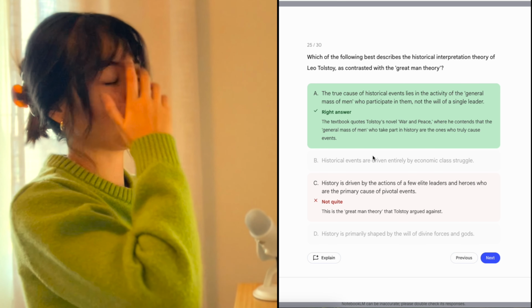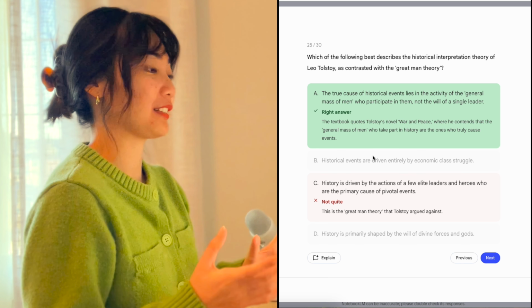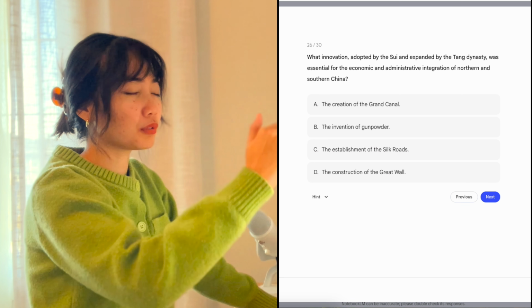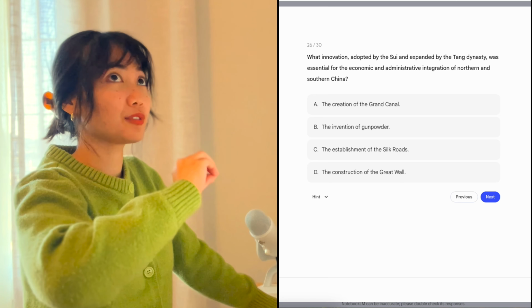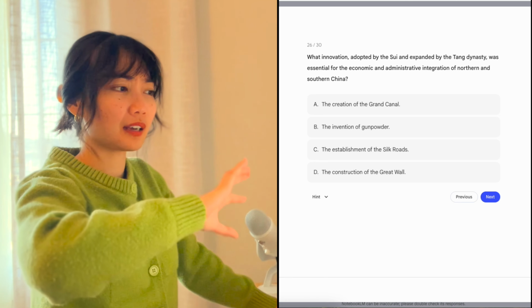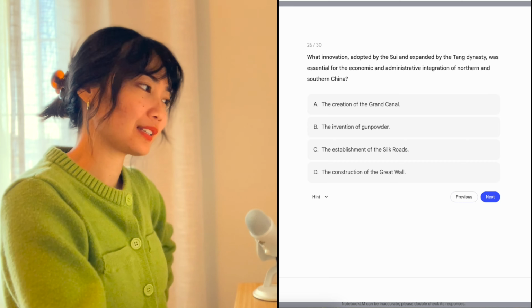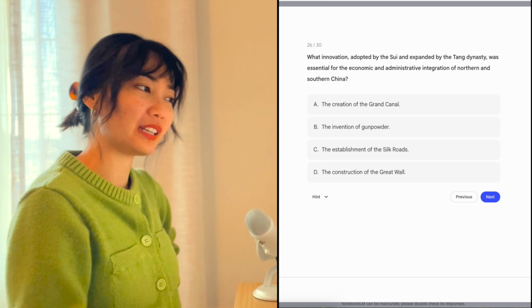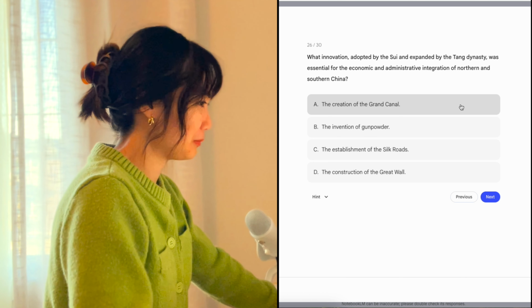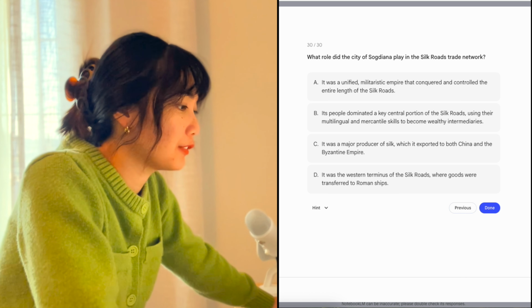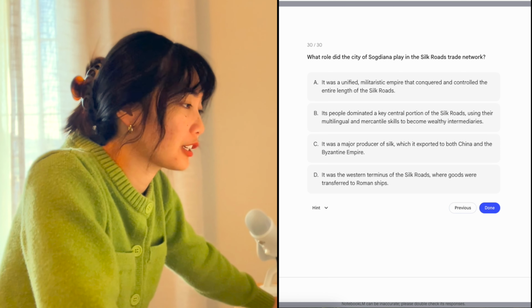Oh my gosh, I totally misread the question. As contrasted. So we have Shang, Zhou, Qin, then we have Sui, then Tang, then Ming, and Song. I'm gonna say Grand Canal, because that is probably more of an innovation than road. Oh, I've never read this, so I have to do this by context clues.